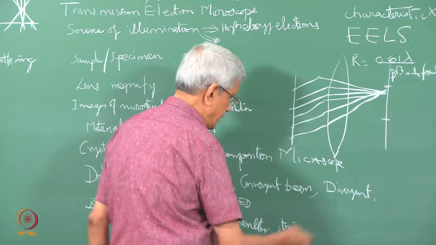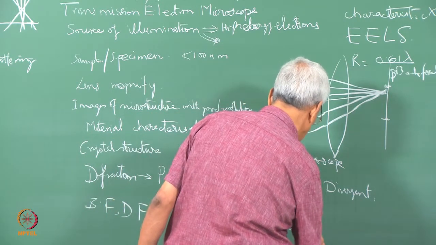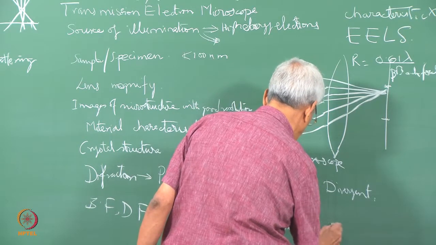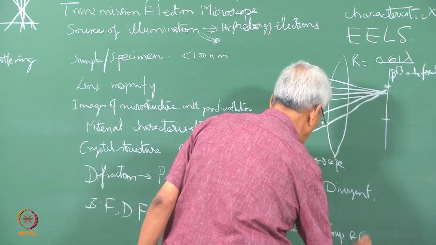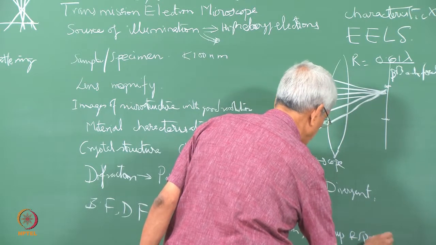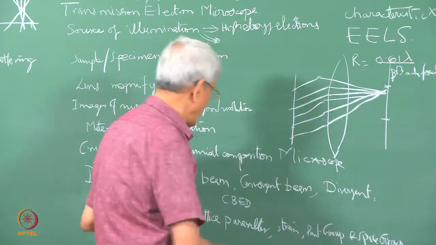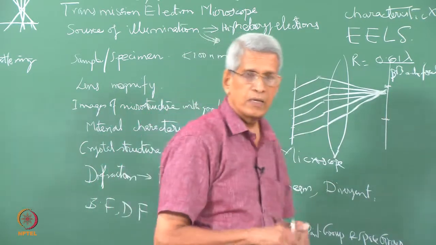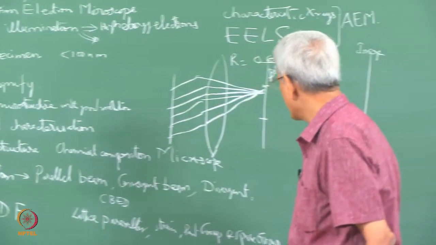Then we can get point group and space group information. These aspects we have covered in detail, how all this information could be obtained using convergent beam diffraction.